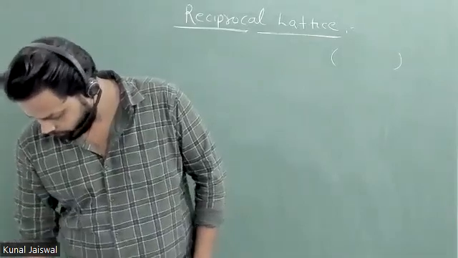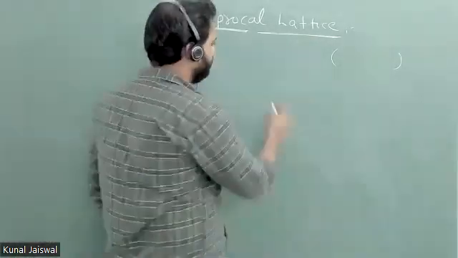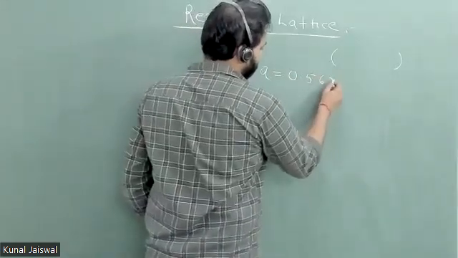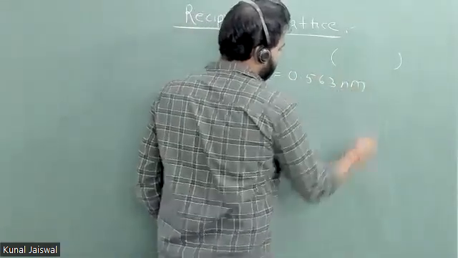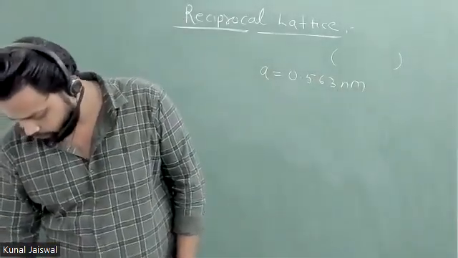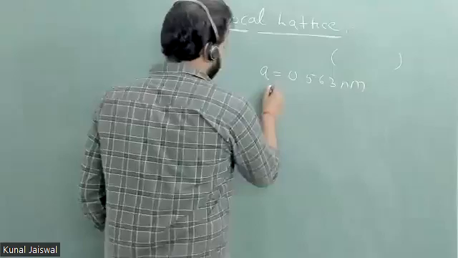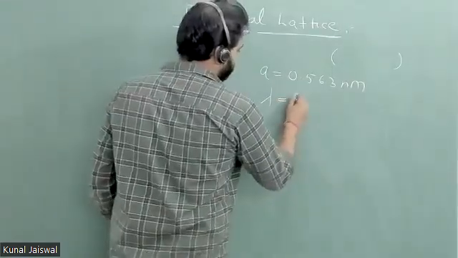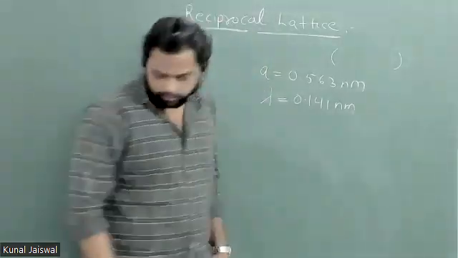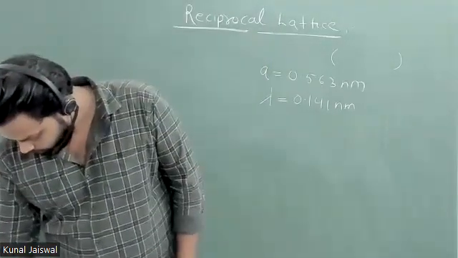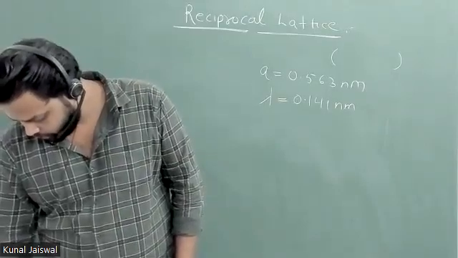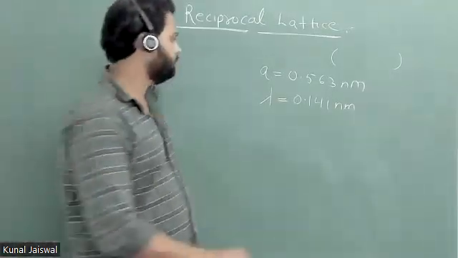Yes sir. Okay, so lattice constant was given, that is a was given as 0.563 nanometer, right? And X-ray of wavelength 0.141 nanometer. The wavelength of X-ray was given 0.141 nanometer, right? Are diffracted by this crystal, okay, the angle at which the first order maxima occurs.